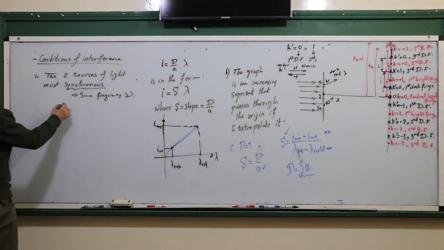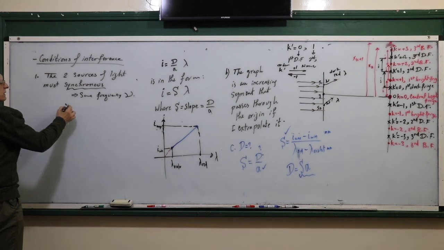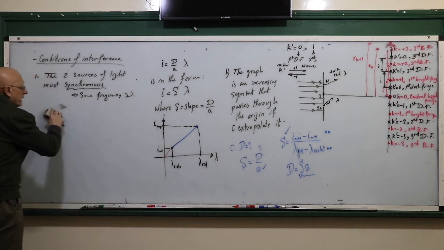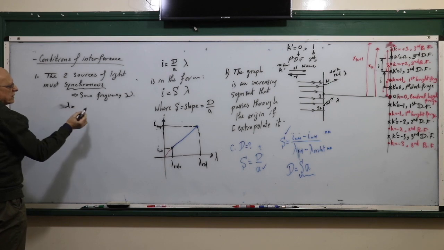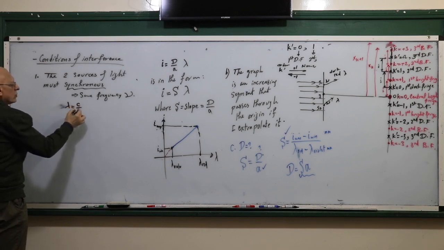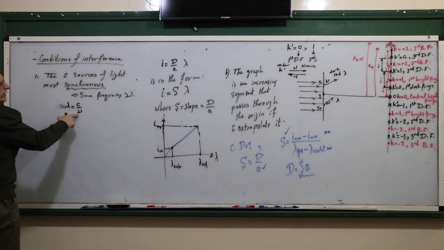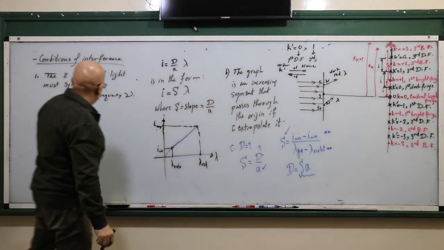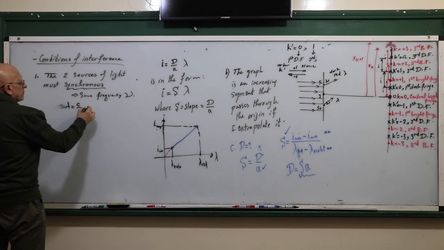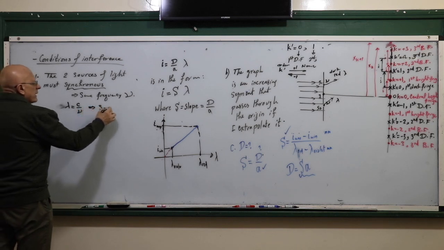Okay, look here, but the frequency, lambda, what is it equal to? Lambda, if we are in vacuum or in air, is c over nu. If the two sources have the same frequencies, this implies the same lambda.